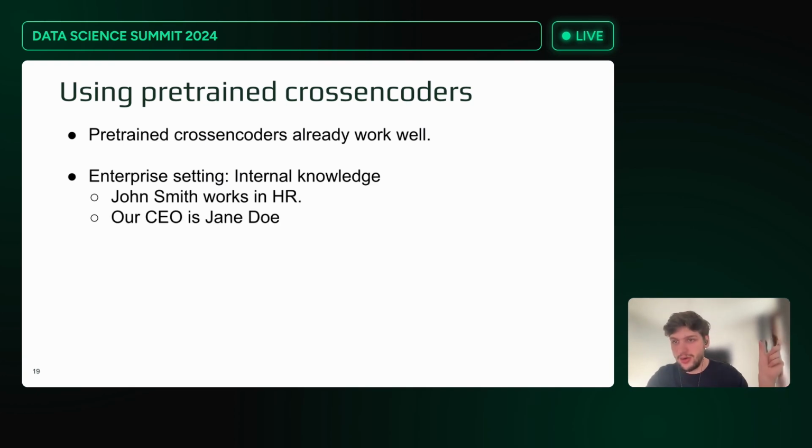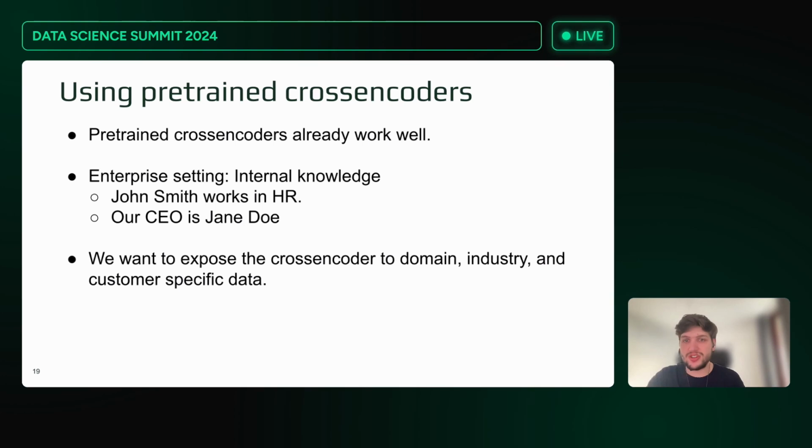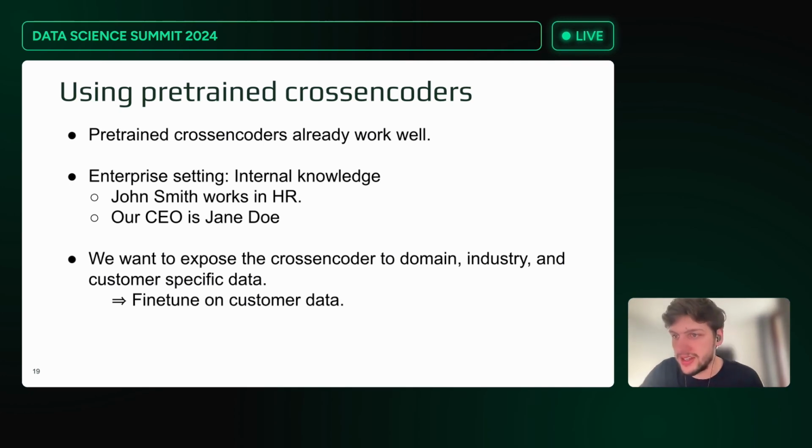Similarly, our CEO within content can be a reference to Jane Doe, because Jane Doe is the CEO of the company. And this link is not established within the cross-encoder. So we want to expose the cross-encoder to domain, industry, and customer-specific data. And that's why we fine-tune on customer data, to get additional performance and get better at detecting these content gaps for a particular organization.